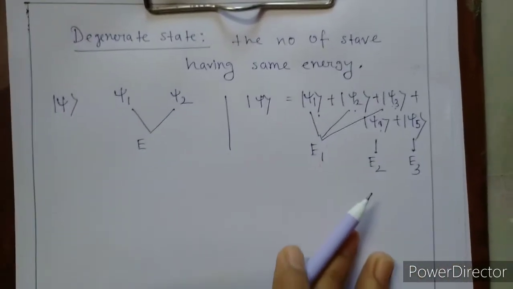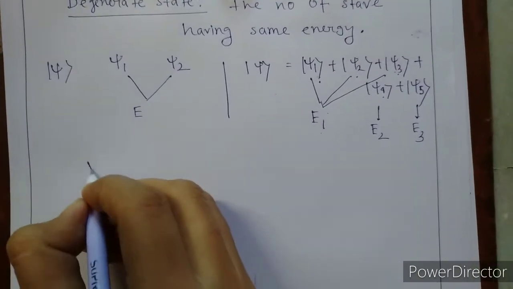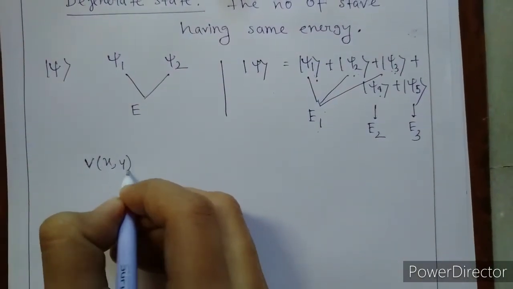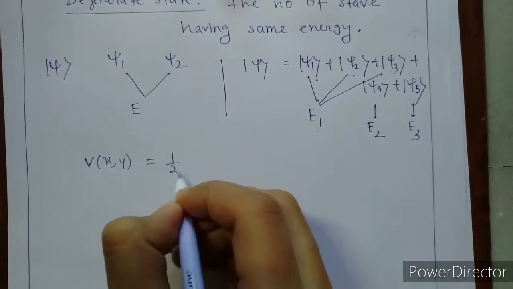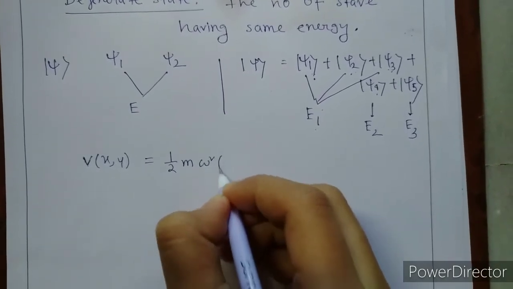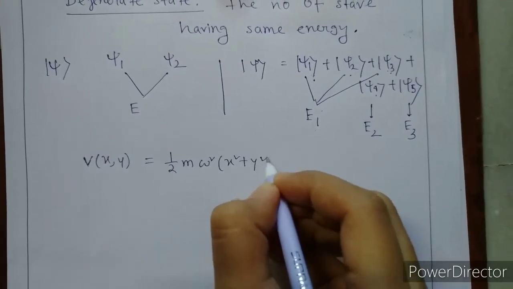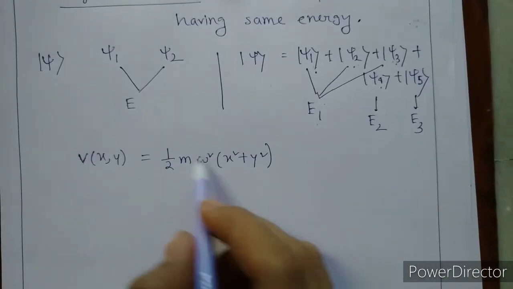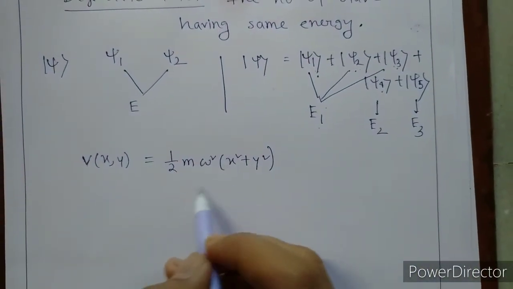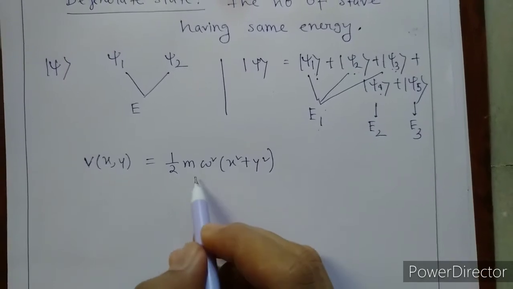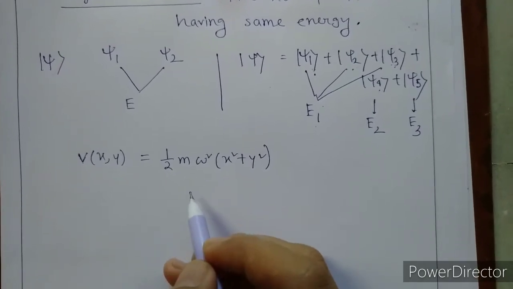Now in this problem the potential is given, that is V(x,y) equals half m omega square (x square plus y square). If you look at this potential carefully, you can see that it is nothing but the 2D harmonic oscillator.